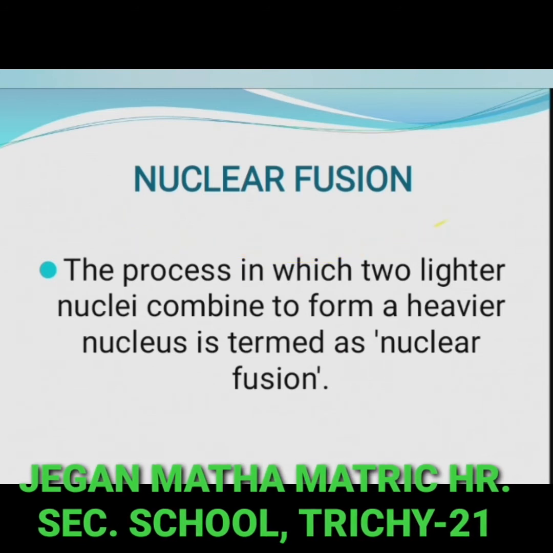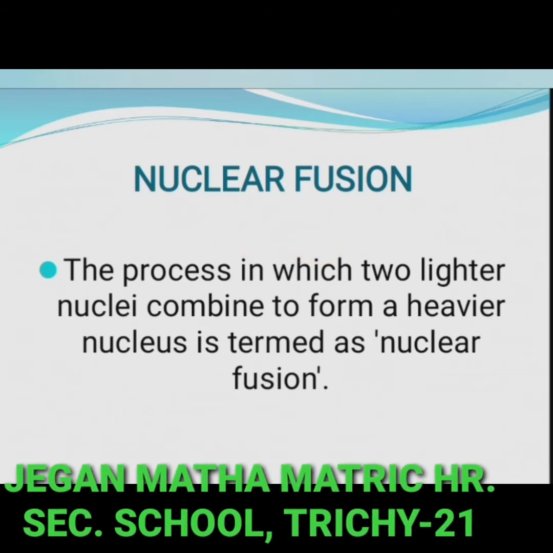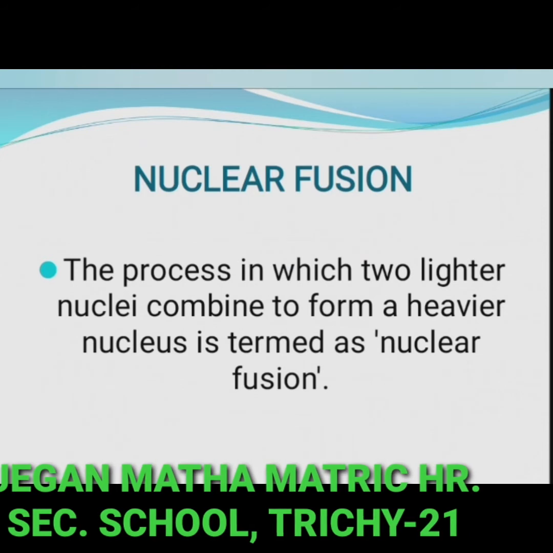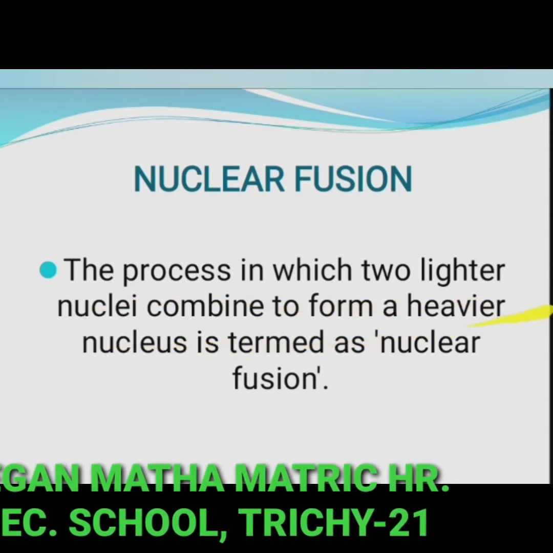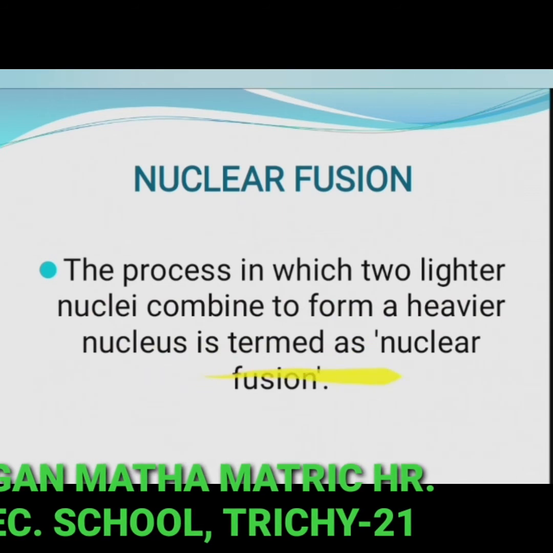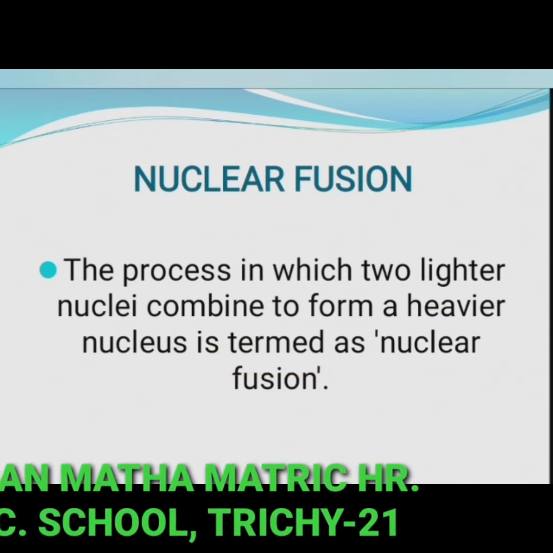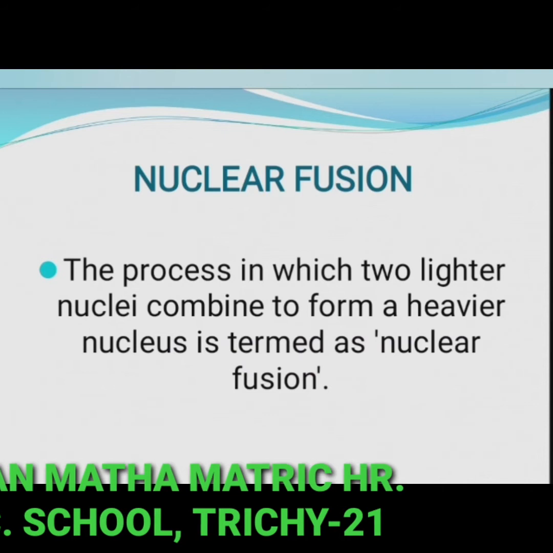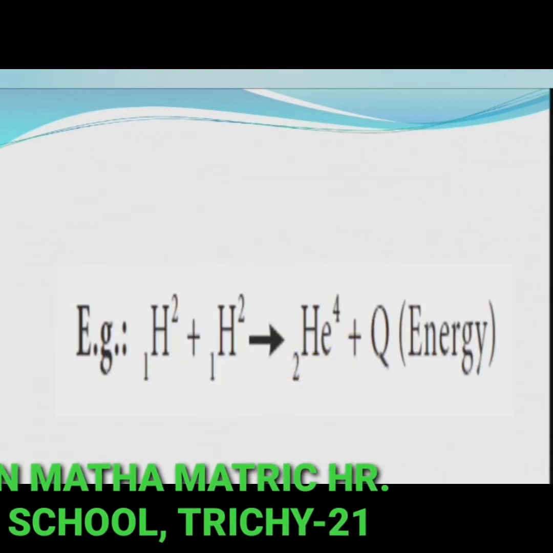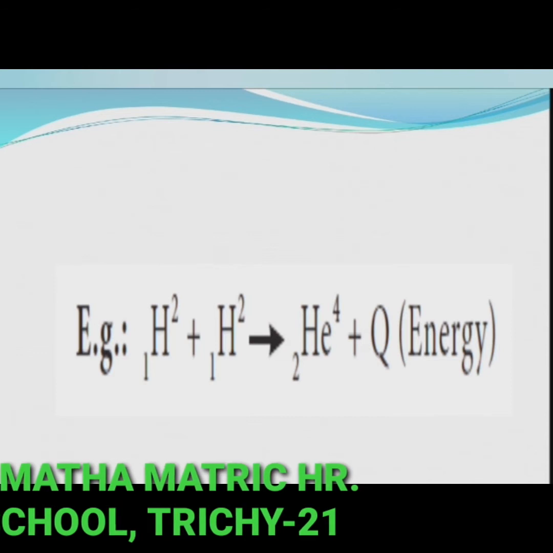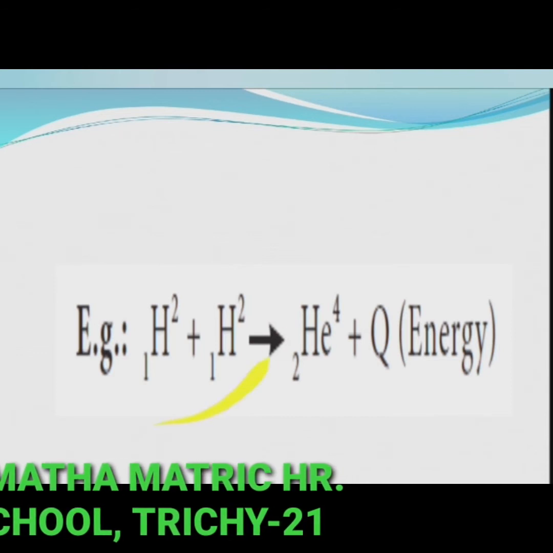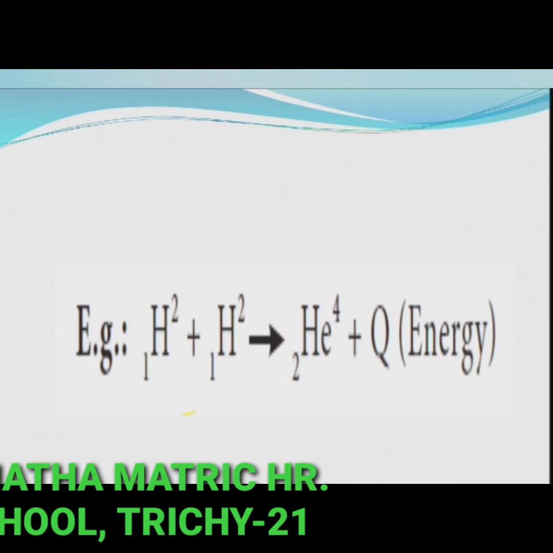So, what is nuclear fusion? The process in which two lighter nuclei combine to form a heavier nucleus is known as nuclear fusion. Example, here 1H2 represents an isotope of hydrogen known as deuterium.